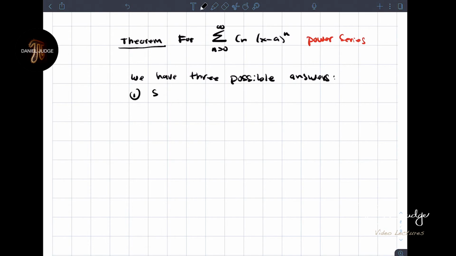One, the series converges at x equals a. Now, if a is 0, you see it converges to 0, like the prior examples. Two, the series converges for all real numbers.